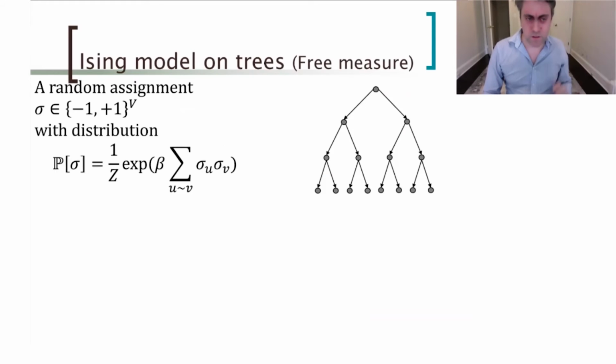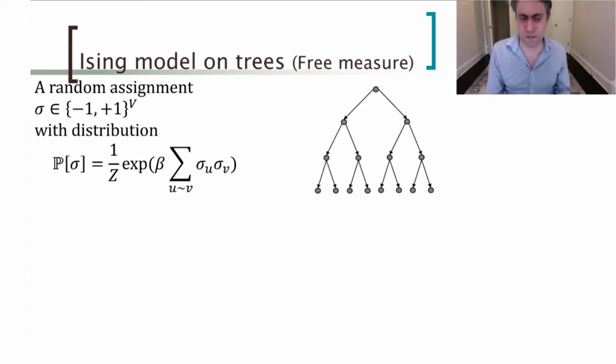Okay, so the model that I'm going to talk about today is the Ising model. If you don't know the Ising model, it's a model coming from statistical mechanics, essentially modeling a magnetic system. But really, it's just an assignment of pluses and minuses to each vertex of a graph, and a probability distribution over that.